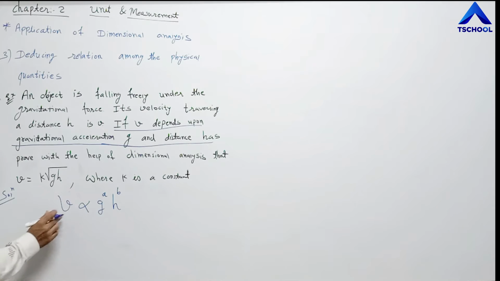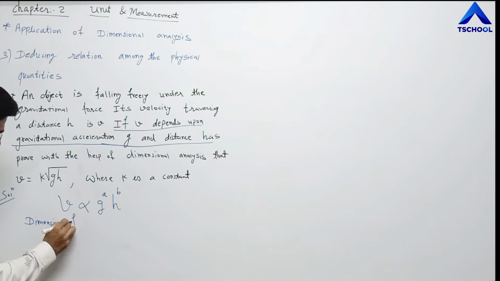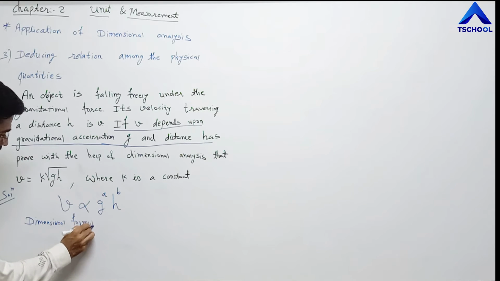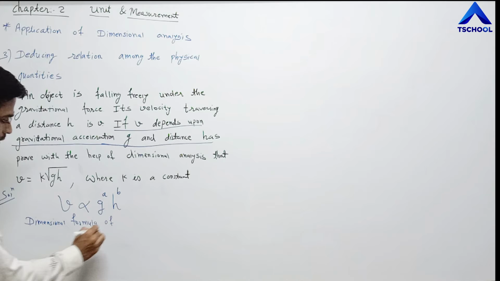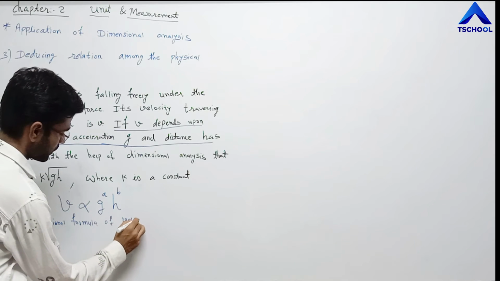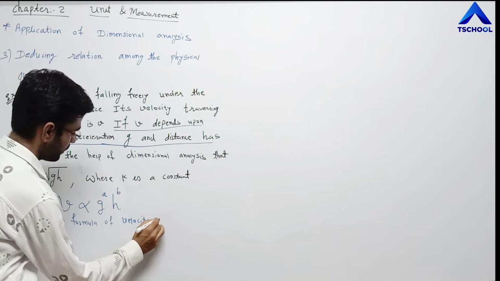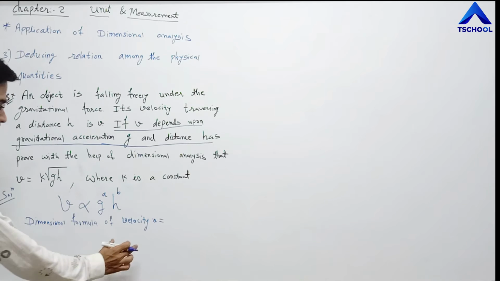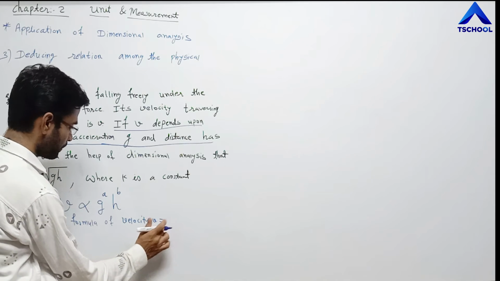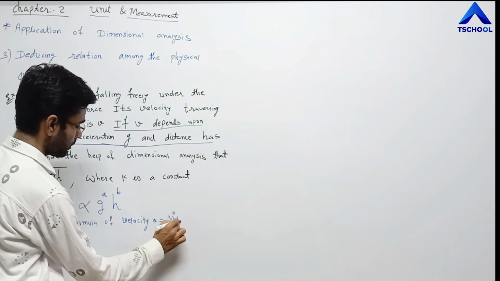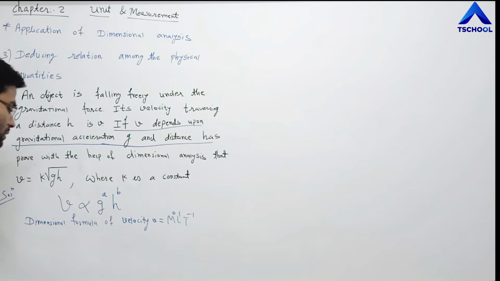Now the dimensional formula of velocity v is M0 L1 T minus 1.